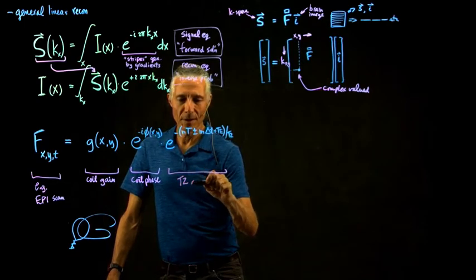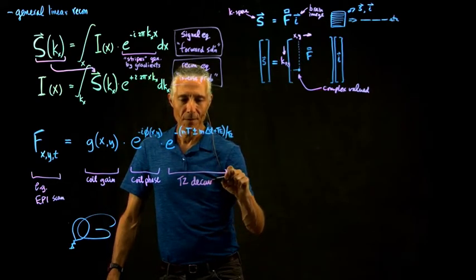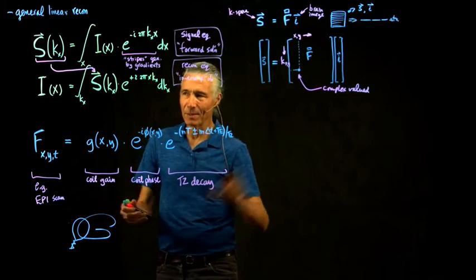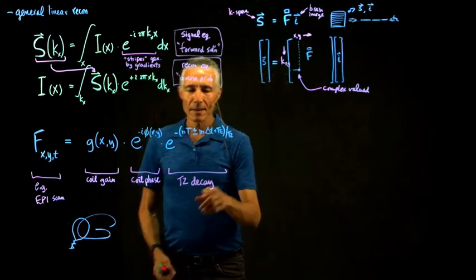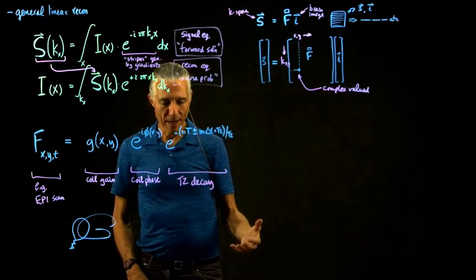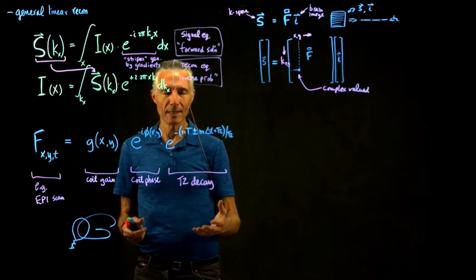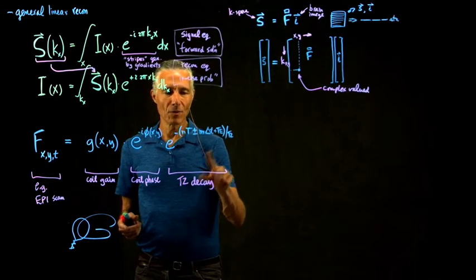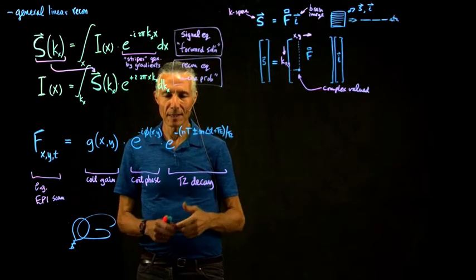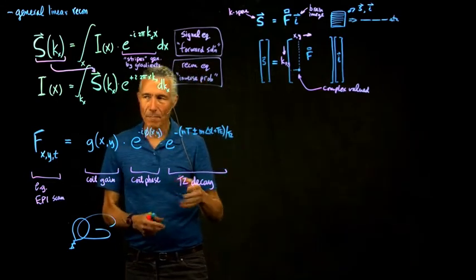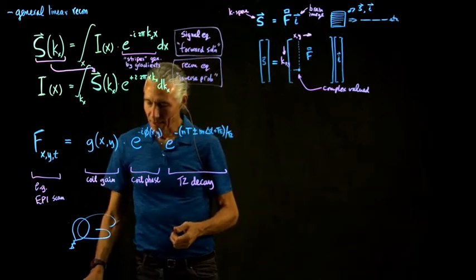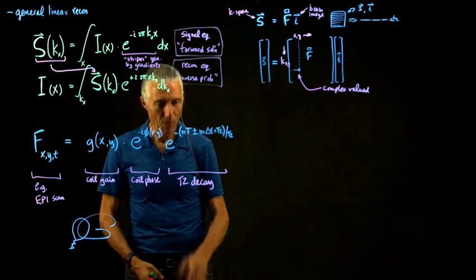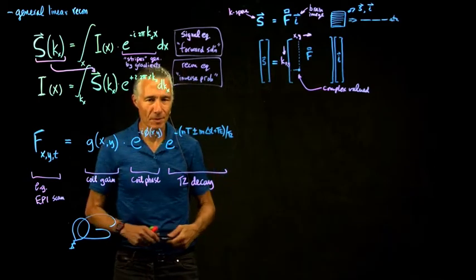Like when we were talking about fast spin echo, we just blew off T2 decay, even though the different echoes in the echo train have different amounts of T2 decay, so that different spatial frequencies are recorded with different amounts of T2 decay. Obviously that's going to mess up the Fourier transform a little bit, because it's not taking that into consideration. So we could take that into consideration. That's how we would do it.